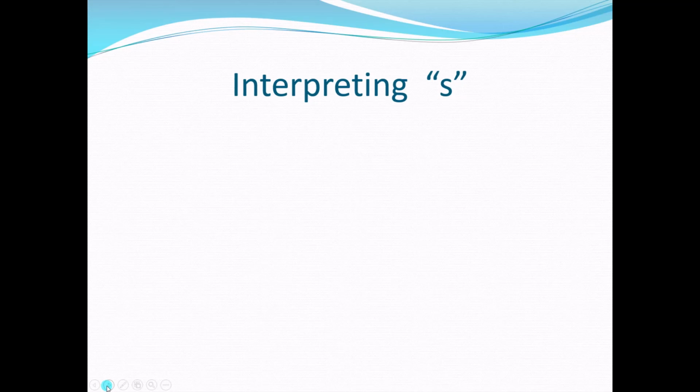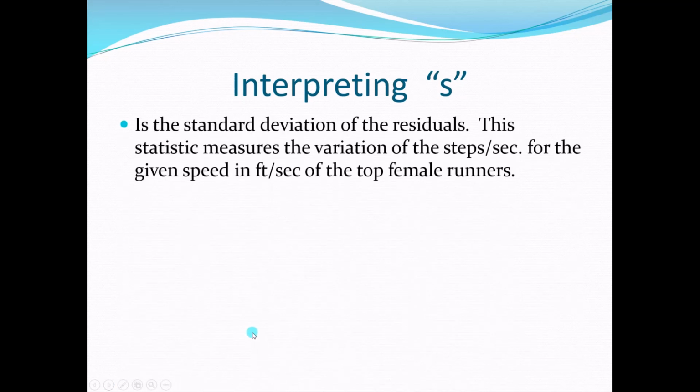And we just assume that that's going to be consistently the same throughout the population scatter plot. So this is the standard deviation of the residuals. This statistic measures the variation of the steps per second for the given speed in feet per second of top female runners. So it's just the variation in that output.